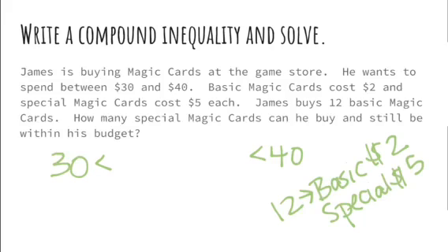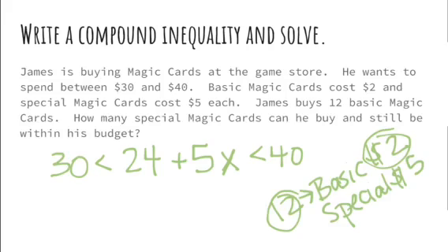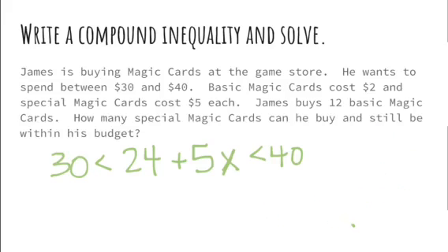So I have my 12 basic cards, which cost me $24, and I want to buy special magic cards. So I'm going to put 5x, and x is going to be my number of special magic cards, or James' number of special magic cards. And we're going to go ahead and solve this by subtracting 24 in all three places.